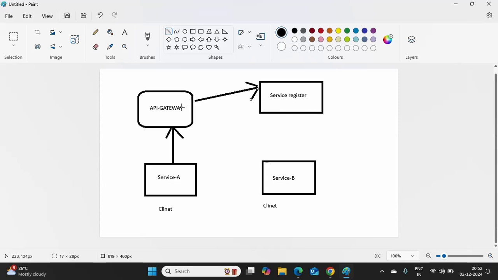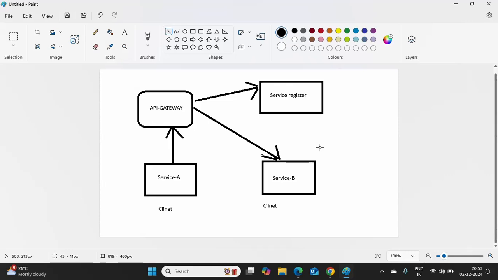Once it has got the information from the service registry, it will send the request to service B. Like this, the server-side service discovery pattern will work.